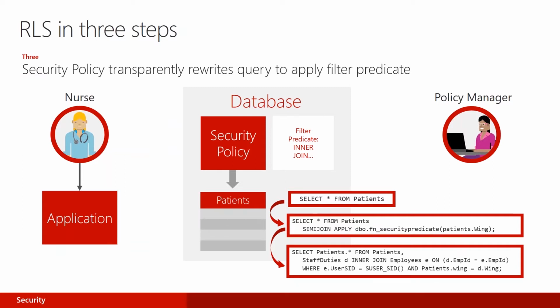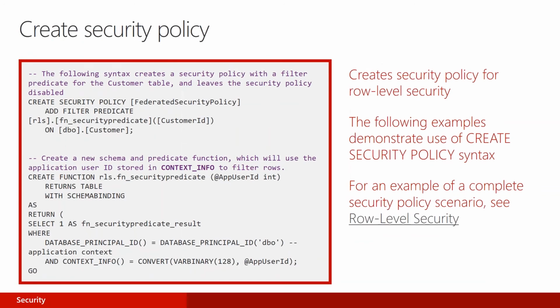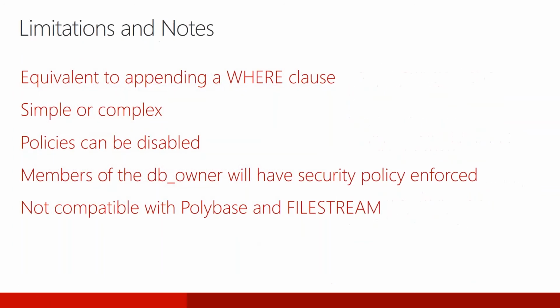That means that when this nurse goes in and selects star from patients, it's going to look at which wing she's working in and what her employee ID is, and she won't be able to see anybody's data except hers in this particular scenario. Okay. All right, again, just some sample code there that we'll take a look at a little bit later.